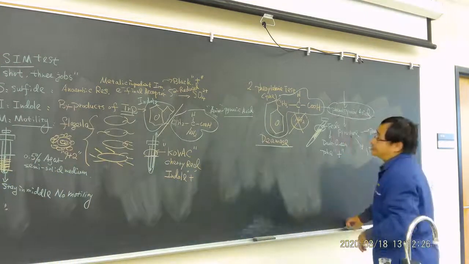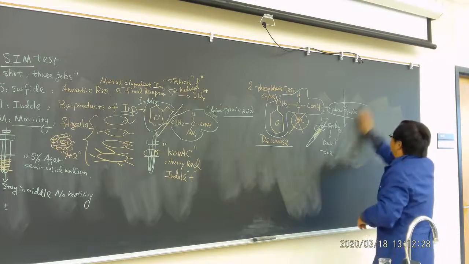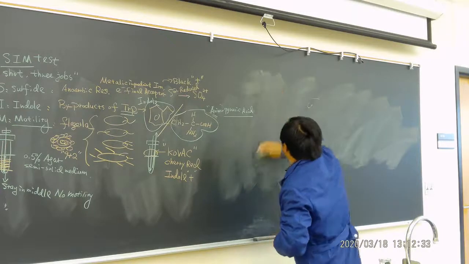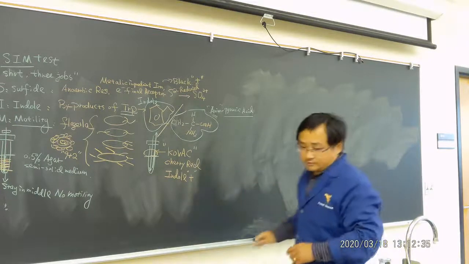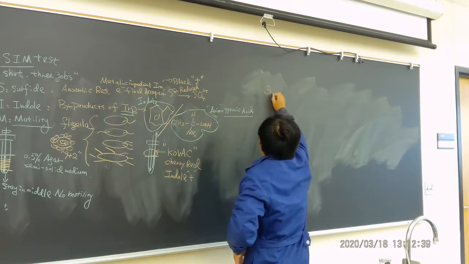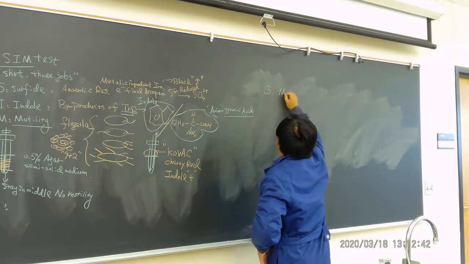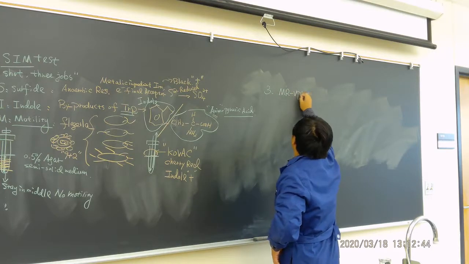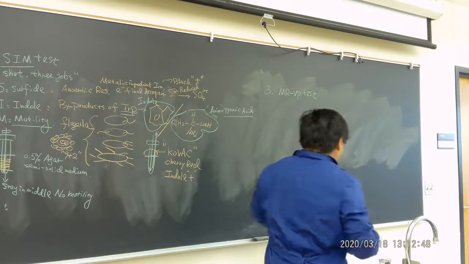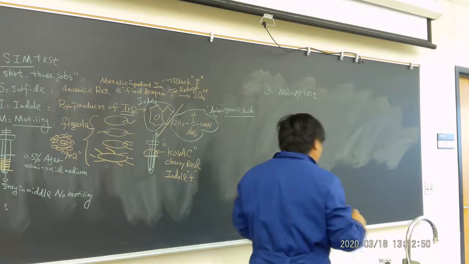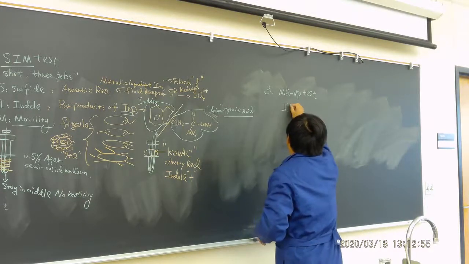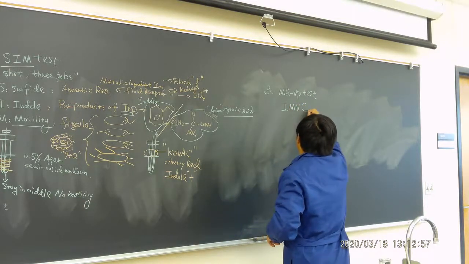The third test we will do is called the IMViC test, or we say the MRVP test. That will be the last test we use. Before I talk about this, I want to introduce one group of biochemistry tests that is important, called the IMViC test.